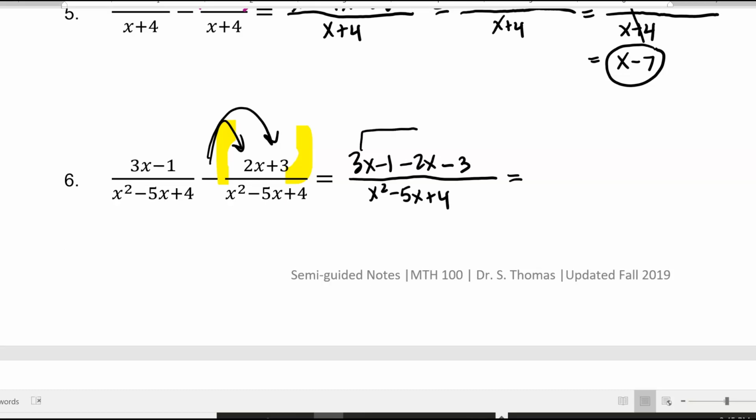Then 3x minus 2x is x. Negative 1 minus 3 is minus 4 over, then we have a trinomial. So x and x, factors of 4 that add up to negative 5 would be negative 1 and negative 4. Notice that will cancel out with the numerator. So our answer is 1 over x minus 1.